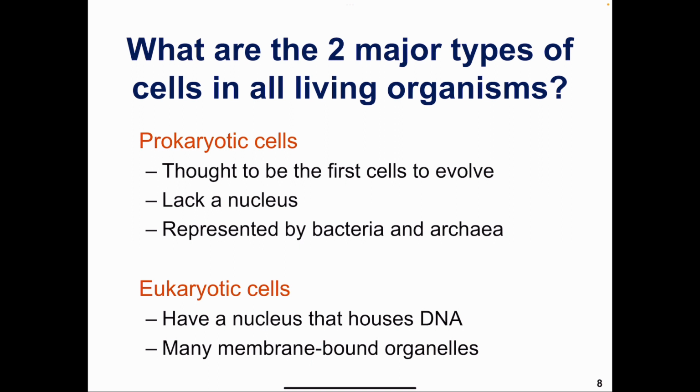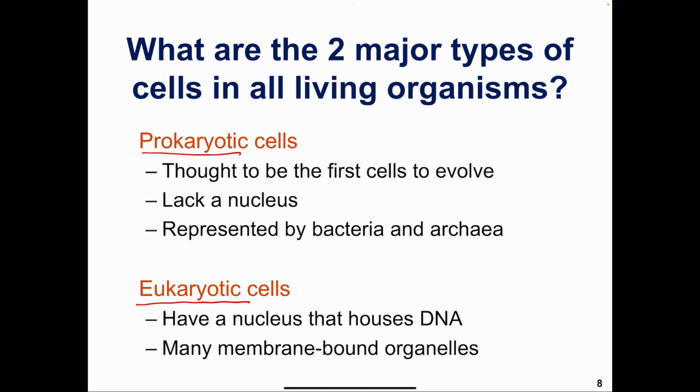Now, when we look at the different types of cells across living systems, we see that there are two major types of cells. We have prokaryotic cells and eukaryotic cells. Prokaryotic cells are very simple cells in the sense that they don't have very complex organelles inside of them.